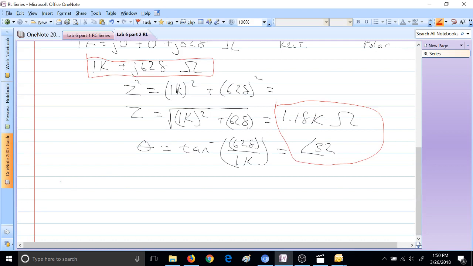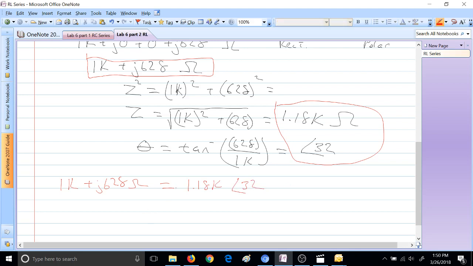And so we have, I'm going to write them both out here. 1K plus J628 ohms, right, equivalent to 1.18K at an angle of 32. Oops. And there we go.